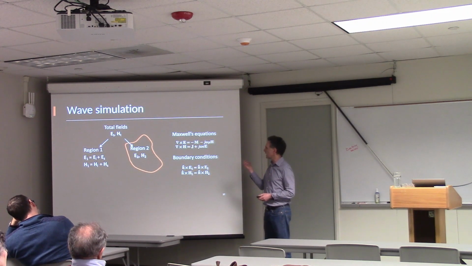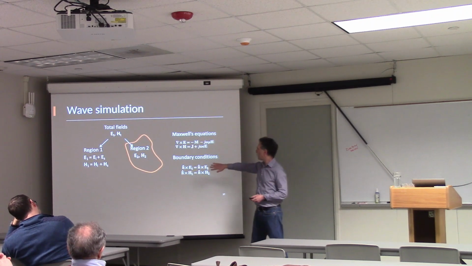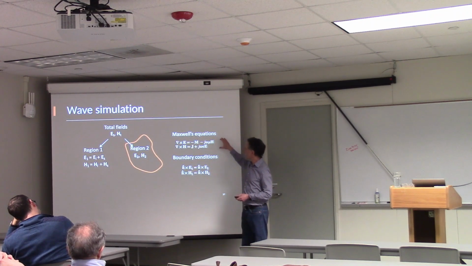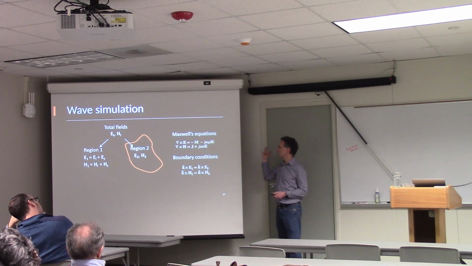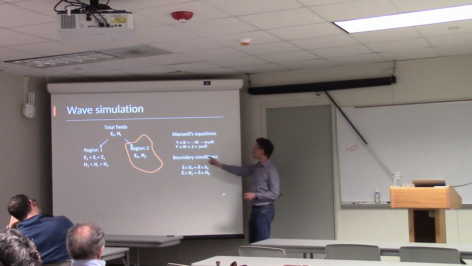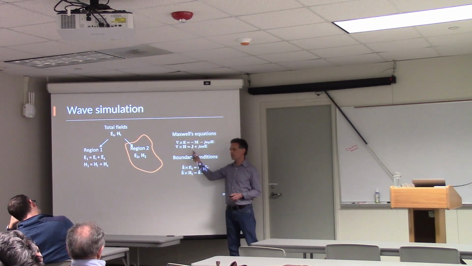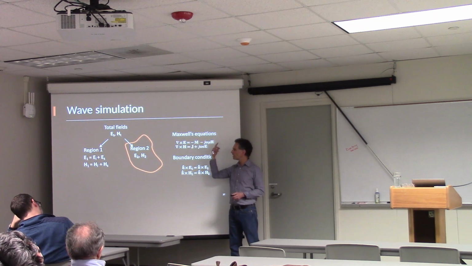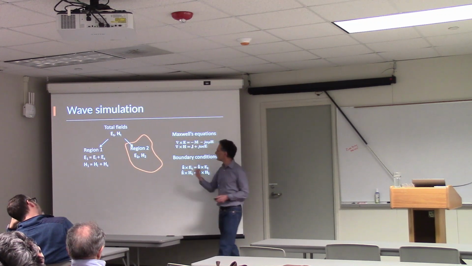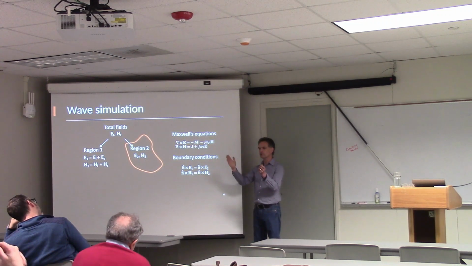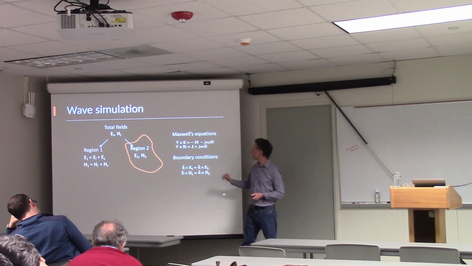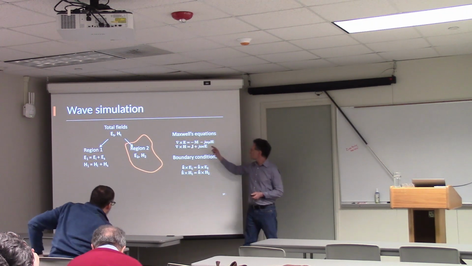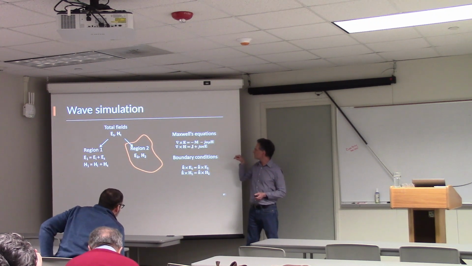And the rule of the game is that these fields have to satisfy Maxwell's equations all the time. The equations I've written here are a form of these equations that apply to these time harmonic fields. So E and H here are complex valued vector fields that encode both the amplitude and the phase of these fields, but the fields are all assumed to be oscillating at a fixed frequency everywhere all the time. These are related to one another by these equations.